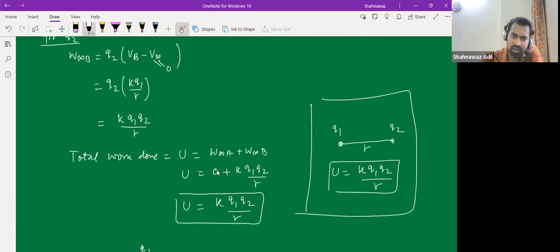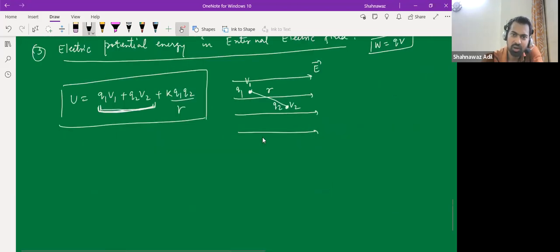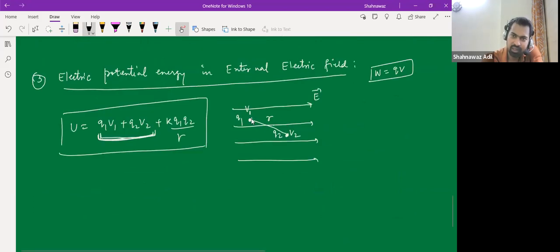But this had zero work done at a point and, let's say, at point b. Now, because we are in some external electric field, this will not give the work done to be zero. You will have some work done at this point, which is Q1V1, and then some work done at this point, which is Q2V2.